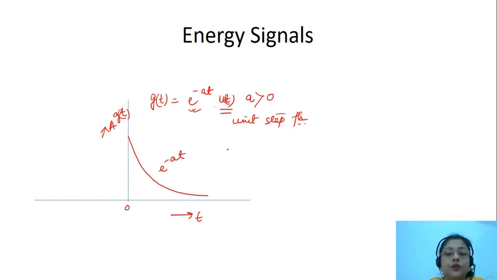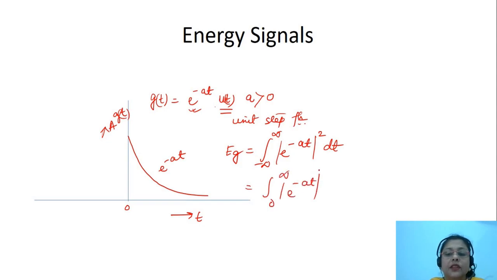Okay. So how do we find out the energy? Eg is given as, according to the equation, the integral from minus infinity to plus infinity of e to the power minus at whole square dt. Now since this is multiplied by u(t), we will have it from 0 to infinity of e to the power minus at whole square dt.